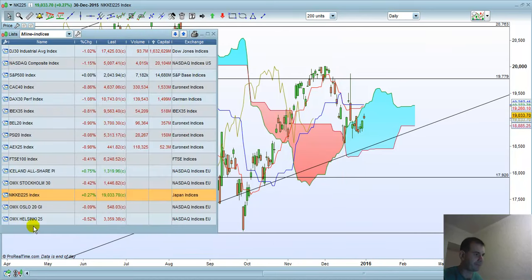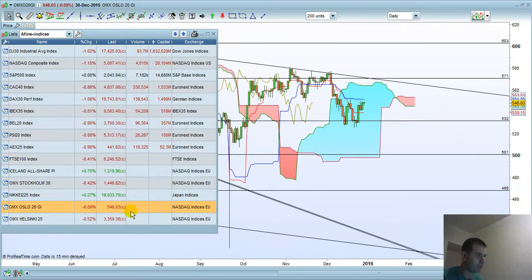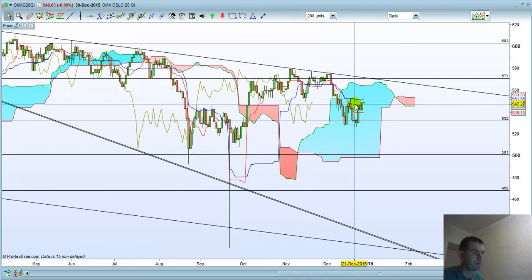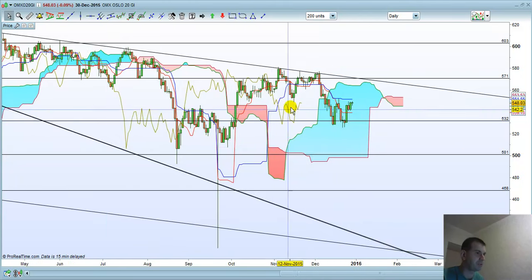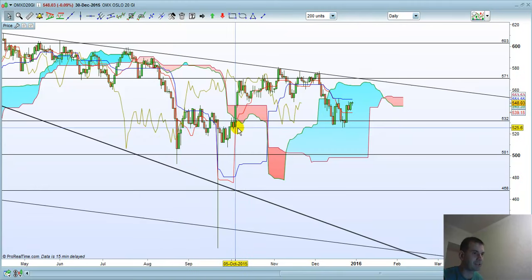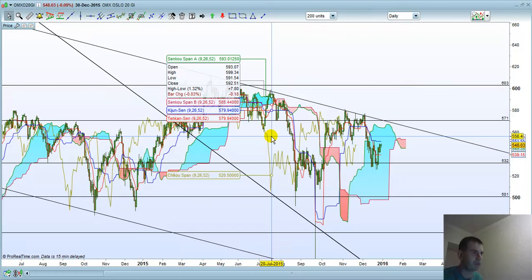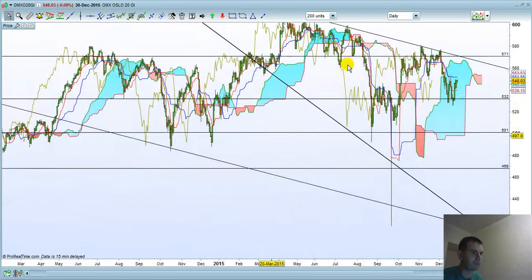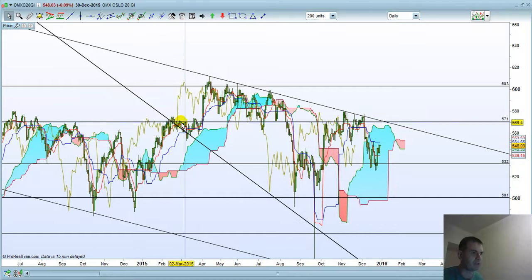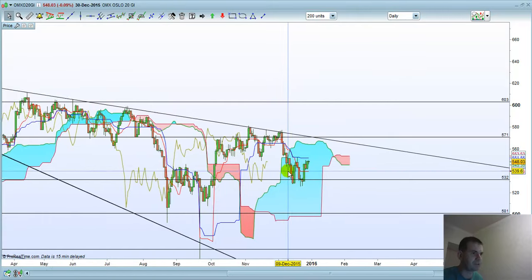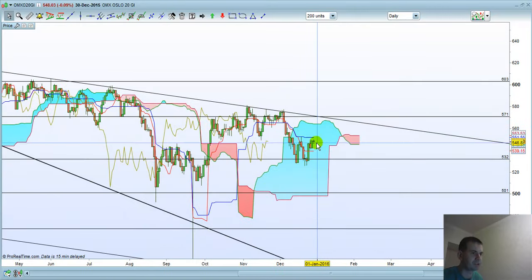Okay, next index is OMX Oslo. What can we see here? The picture of the market tells us about sideways movement, but the overall channel is bearish.